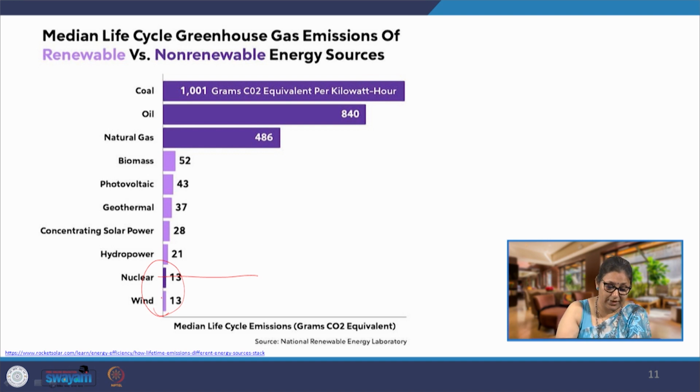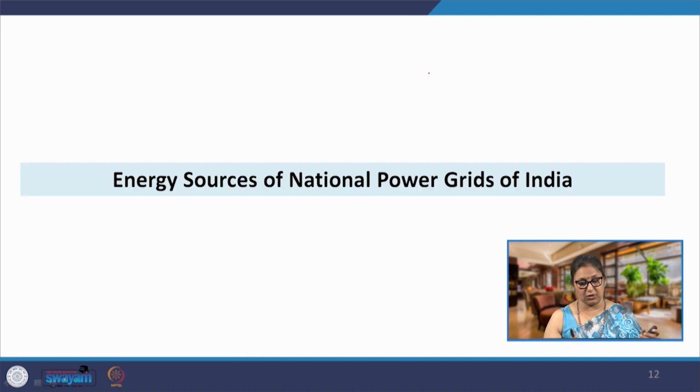So, wind and nuclear are at the bottommost when we are looking at the emissions, and the emissions caused due to electricity produced using coal is much higher than all of them, almost 1000 times higher is what we are looking at here. All other renewable sources of energy are also significantly lower than all the conventional sources of energy is what we see.